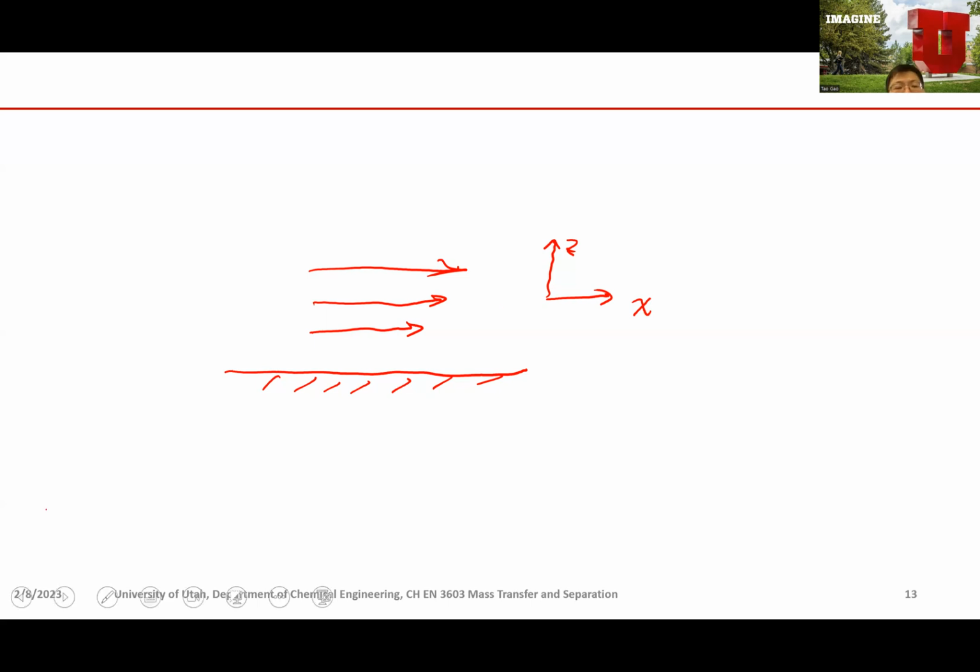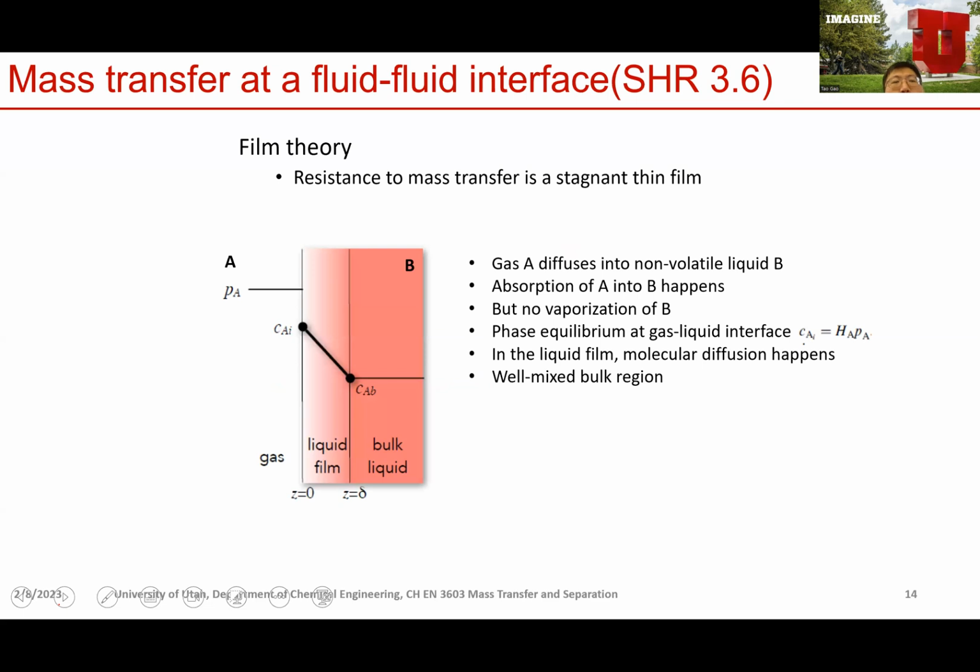So next, we're going to talk about mass transfer across a fluid interface, right? Which is different from the case here. We are studying the mass transfer flux at the liquid-liquid or gas-liquid interface. Okay.